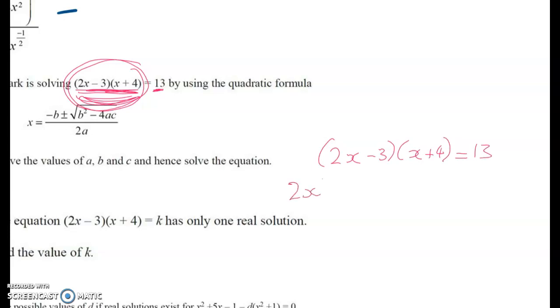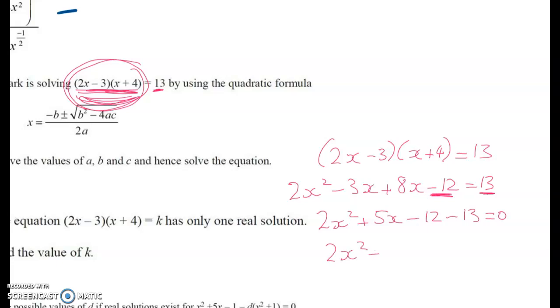So we've got 2x squared minus 3x plus 8x minus 12 equals 13. 2x squared plus 5x. And now I've got a minus 12 here, but I'm going to also subtract 13 here. So we've got minus 12 minus 13 equals 0. 2x squared plus 5x minus 25 equals 0.